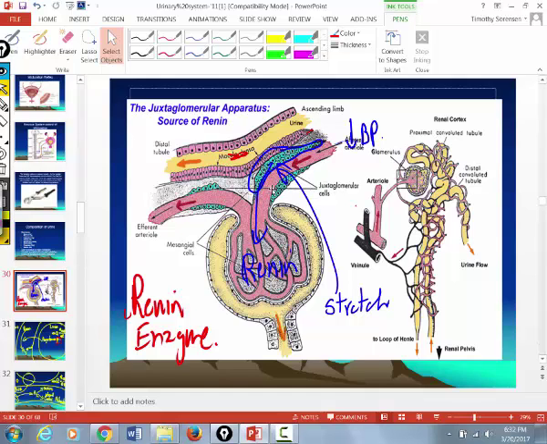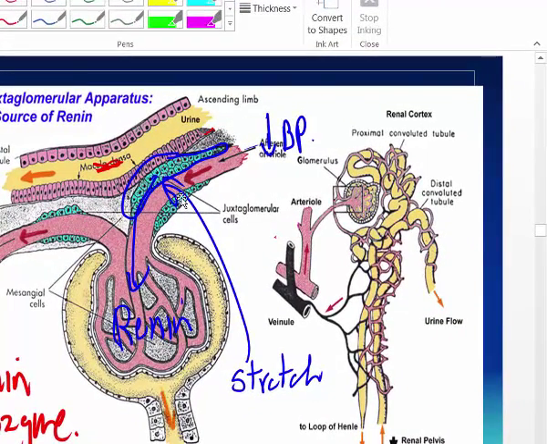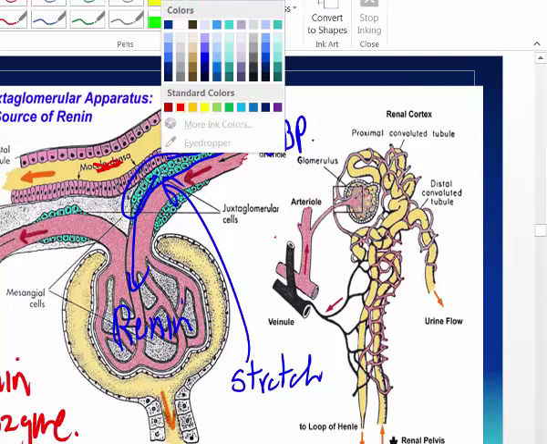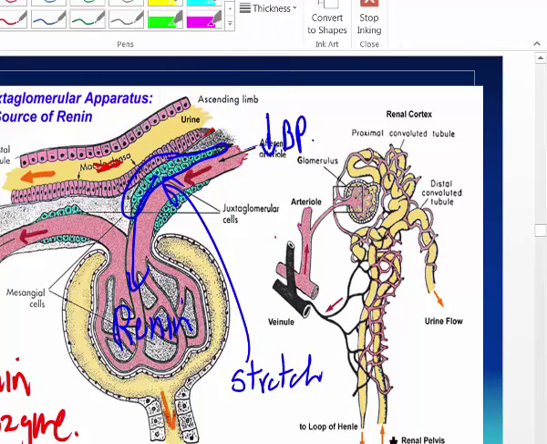Here's the afferent arteriole. Connected to the afferent arteriole are these specialized cells called juxtaglomerular cells that respond to stretch. Juxta means next to. I tried explaining this with the juxtaglomerular apparatus. I'm going to simplify it for you.